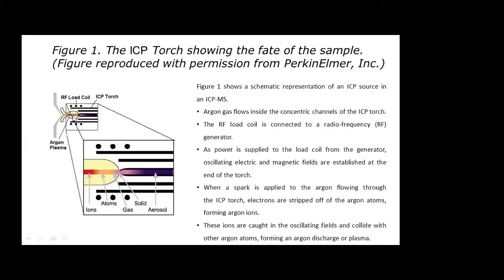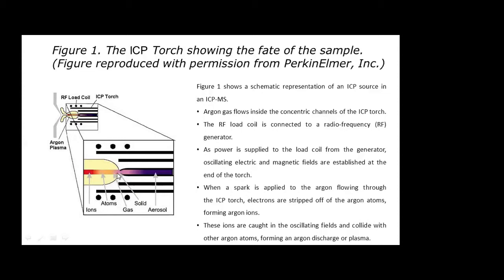When a spark is applied to the argon flowing through the ICP torch, electrons are stripped off the argon atoms, forming argon ions. These ions are caught in the oscillating field and collide with other argon atoms, forming an argon discharge, or in other words, plasma. So here you will find argon plasma.